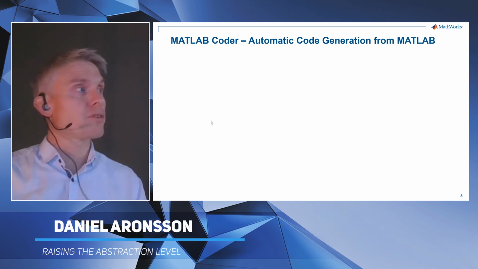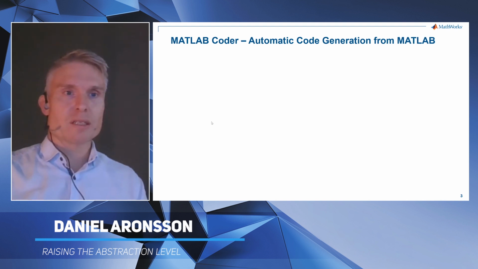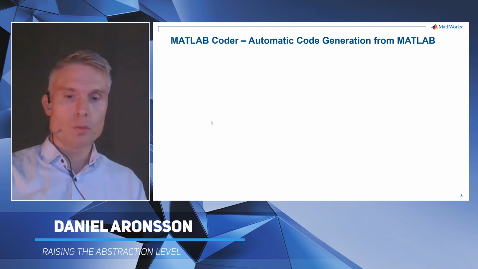All the variables have data types and sizes that are really decided at runtime. So you can change the data type and you can change the size as you go. In C that is not so. In C everything needs to be statically typed. So going from MATLAB to C is quite an undertaking, and that is where MATLAB Coder will help you.